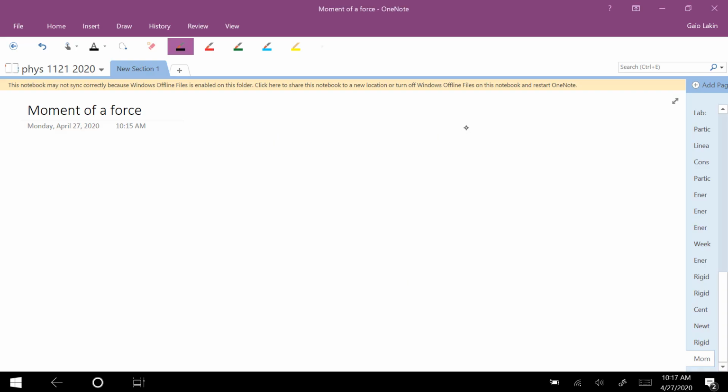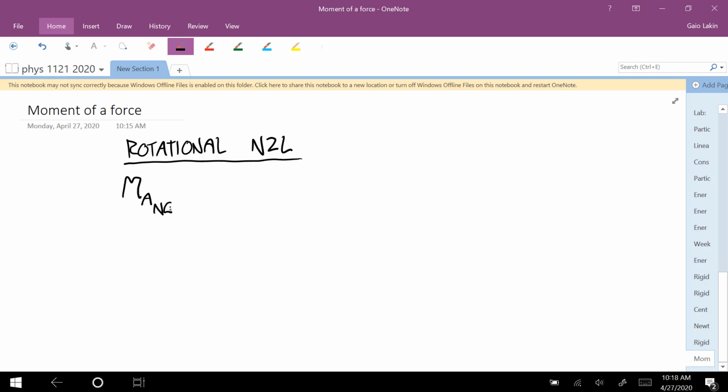All right, we're getting very close to being able to do problems using the rotational version of Newton's second law. Rotational Newton's second law looks like this.